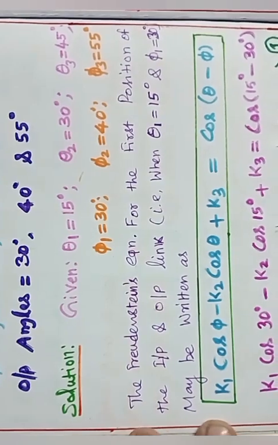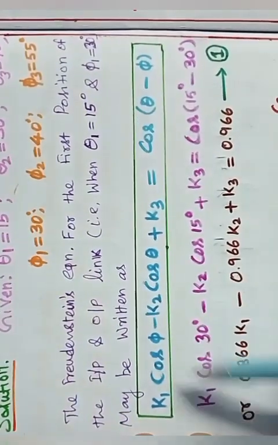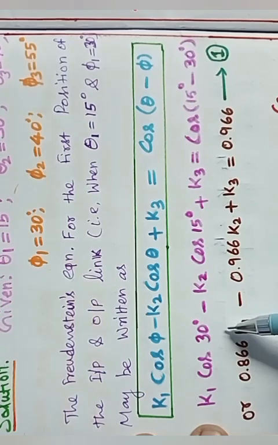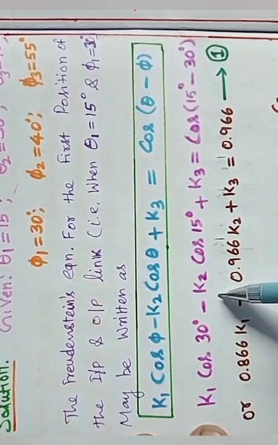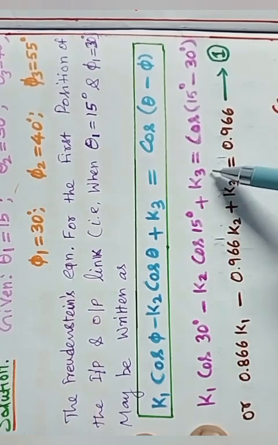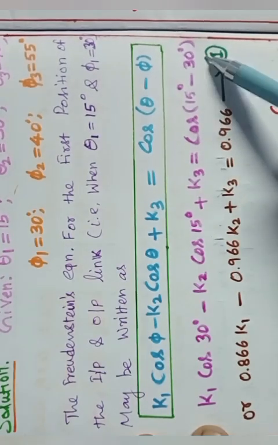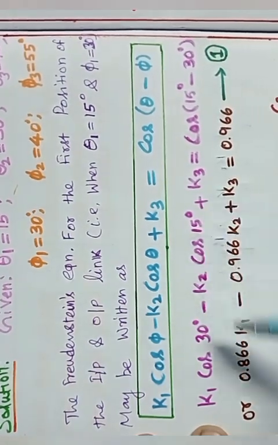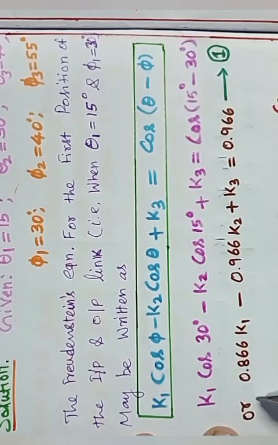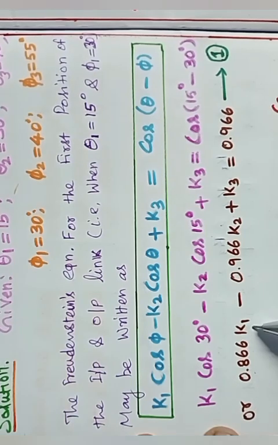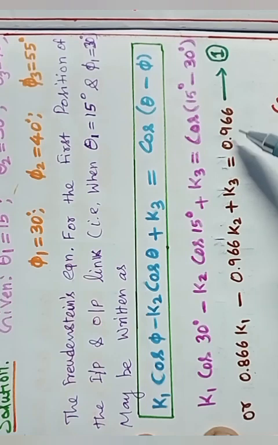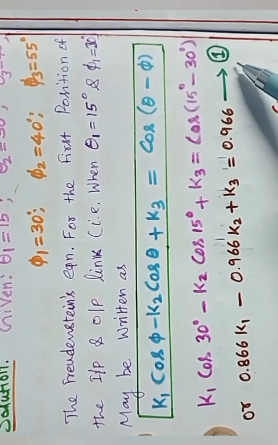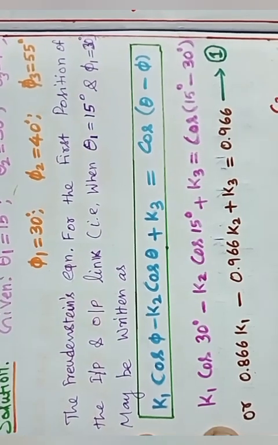So we put the corresponding values: k1 cos 30 degree minus k2 cos 15 degree plus k3 equal to cos of 15 minus 30 degree. Simplifying, we obtain 0.866 k1 minus 0.966 k2 plus k3 equal to 0.966. This is equation number 1.